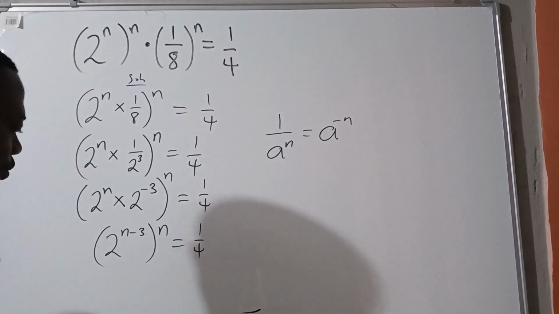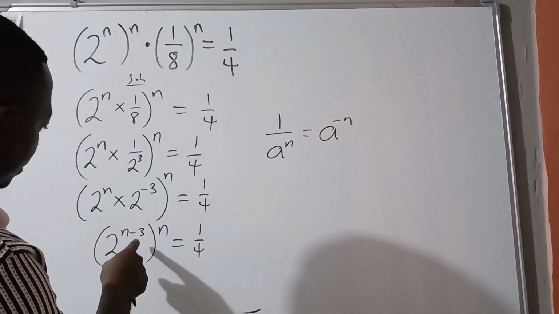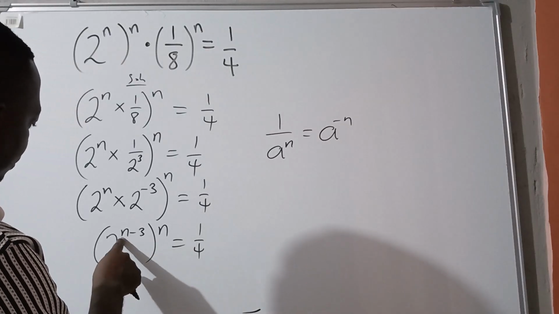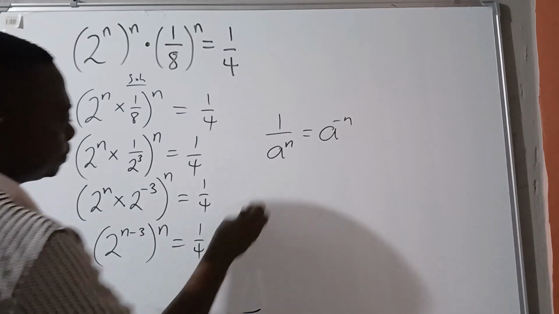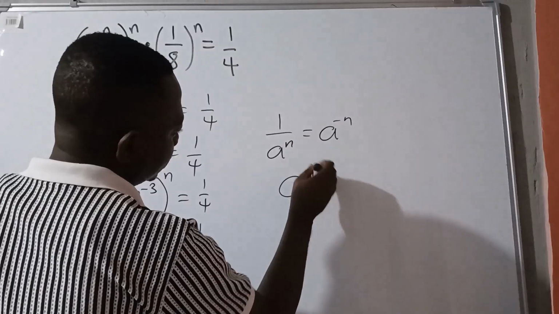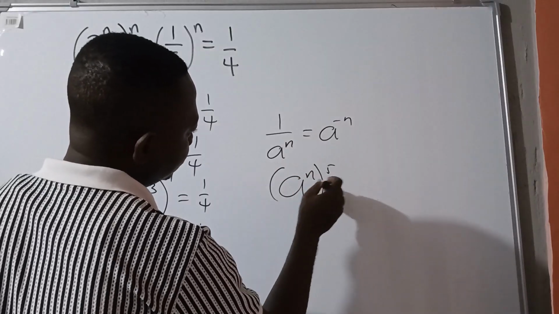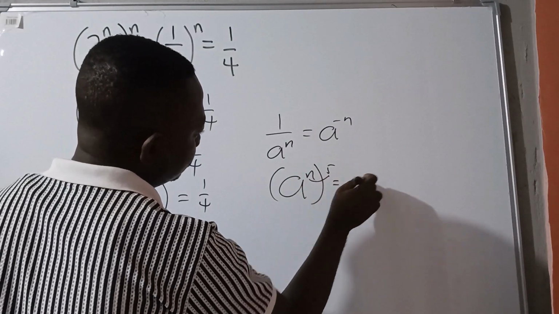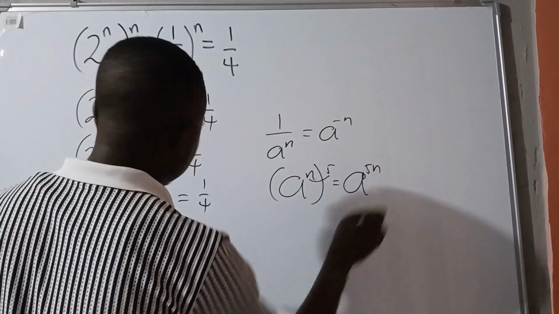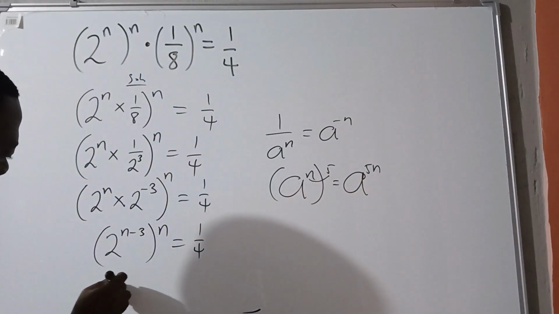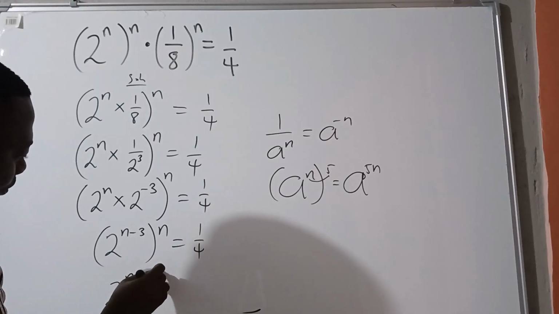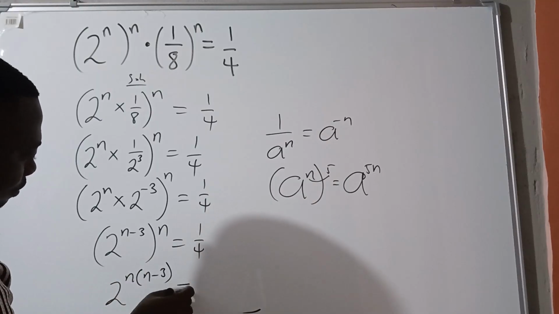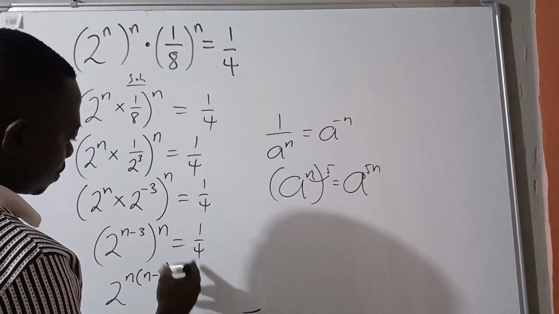From here I can say that n minus 3 times n, because (a to the power of m) all raised to n is the same as m times n. So we can say 2 raised to n times (n minus 3) equals 1 over 4.